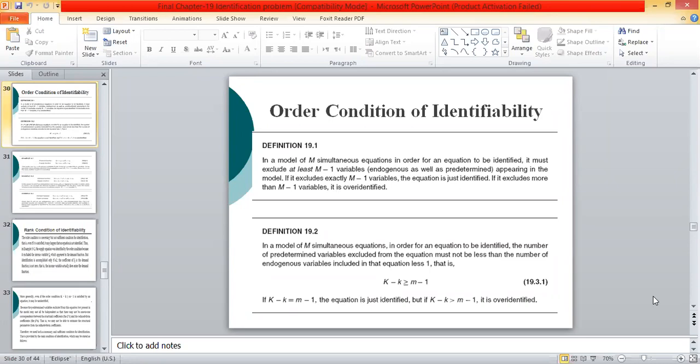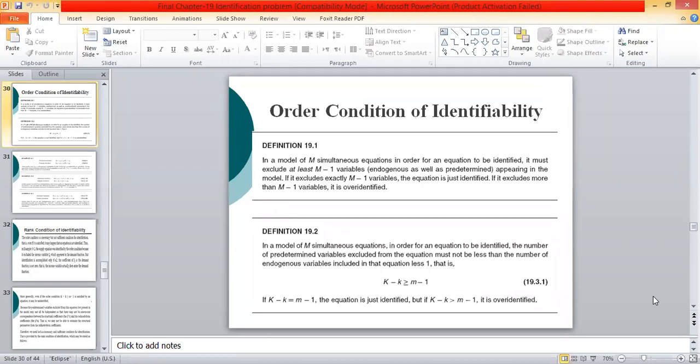If K minus k is greater than or equal to m minus 1, it means the equation will be identified, whether it is over identified or exactly identified.